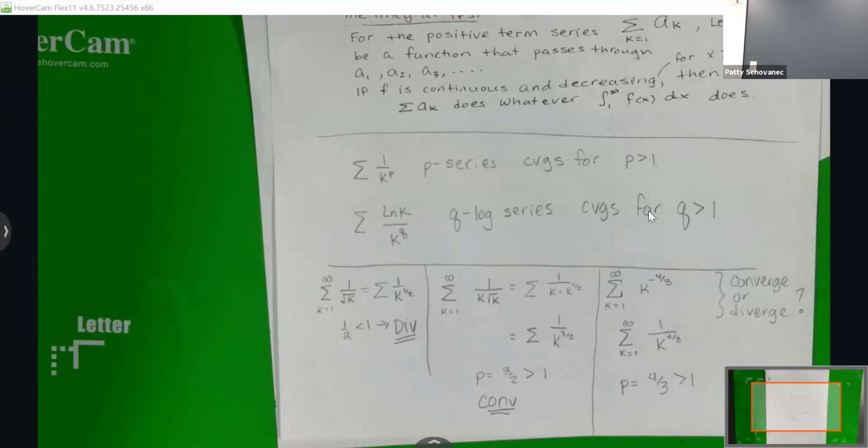If I have a series that looks like a p-series, but it's not quite a p-series, then if it compares in the right way, it will behave like the p-series. If I have something that's almost a geometric series, if it behaves like the geometric series, then it'll converge whenever the geometric series does. So those are my comparison tests, essentially.